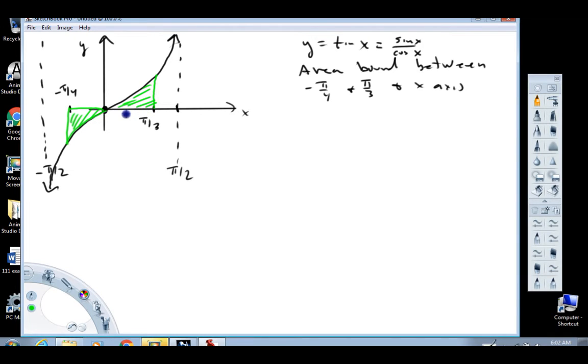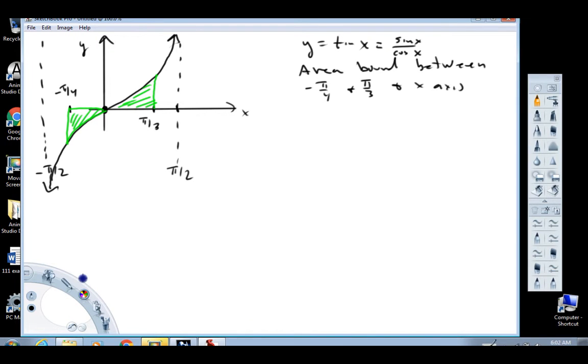And those two numbers are going to add to a value that does not accurately represent the bound area, because the first part of the integral is negative. So I'm going to break this into two separate integrals. One of them from minus pi over 4 to 0, and then another one from 0 to pi over 3.